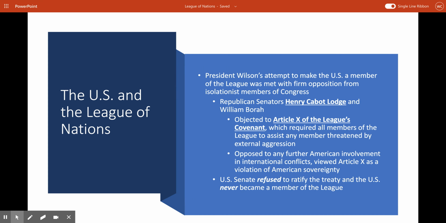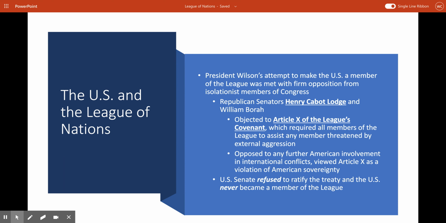The Senate is required to approve any treaties that the United States enters into. They have to approve it with, I believe, a 2/3 majority vote. So President Wilson really lobbied the U.S. Senate to try to pass the treaty. It was going to be a tough thing to do, and it ended up being a tough thing.